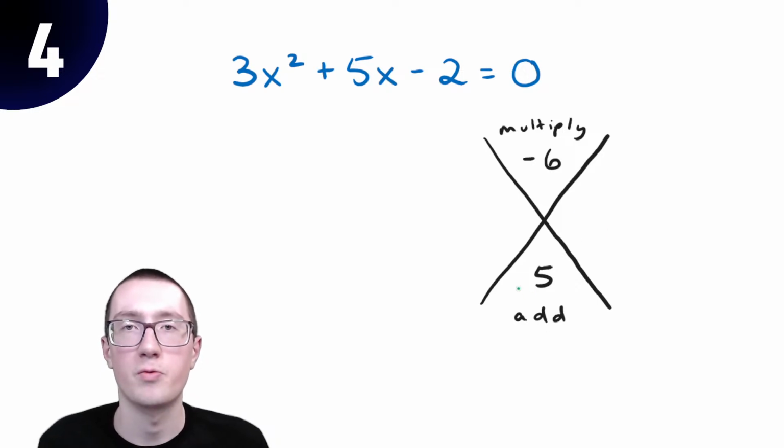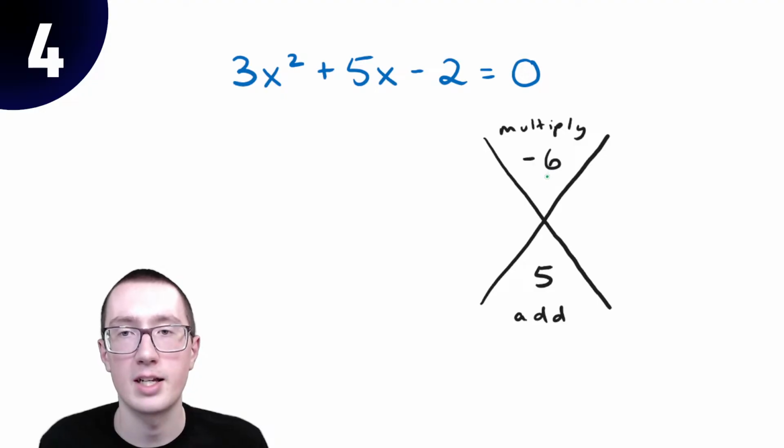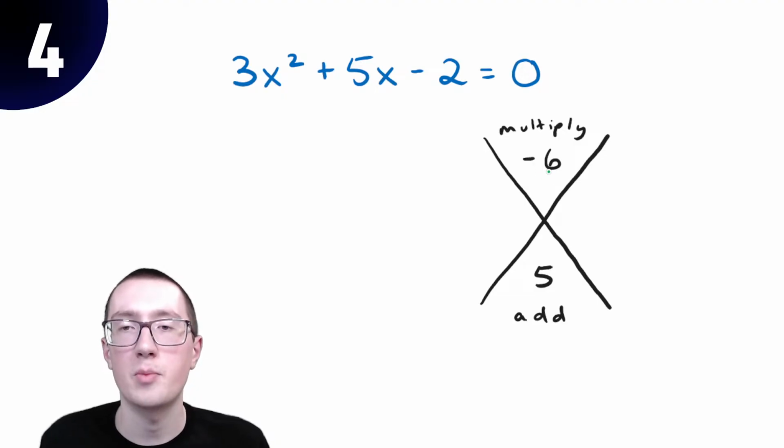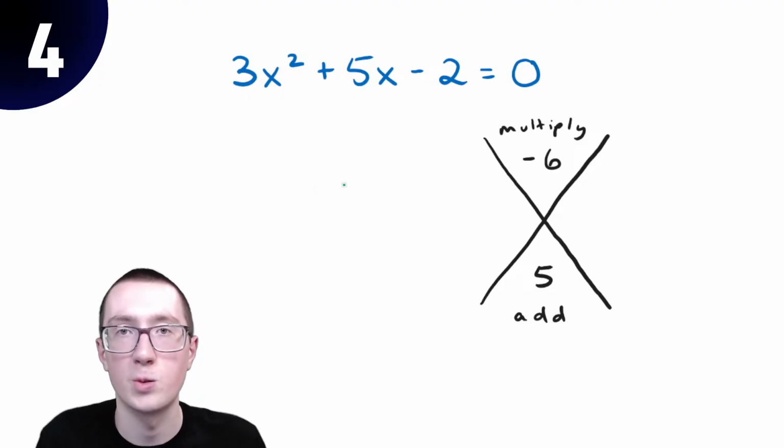For that, we're just going to have to test out numbers. I like to start with the multiplying number, find two numbers that multiply to negative 6, and then see if they add to 5. The way I like to think about this is to ignore the minus sign and just find numbers that multiply to 6. The only ones that exist are 1 times 6 and 2 times 3.